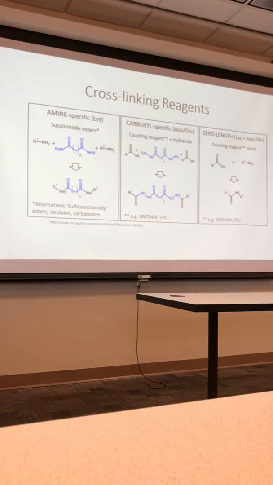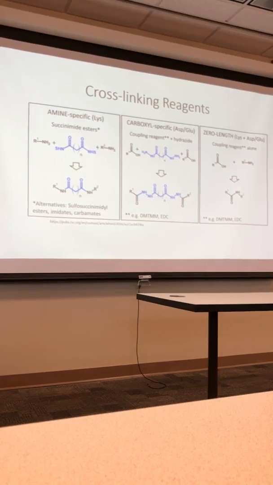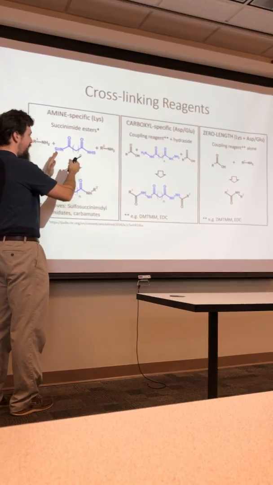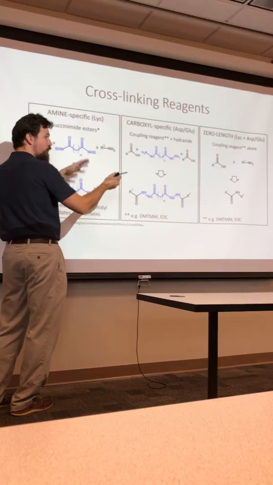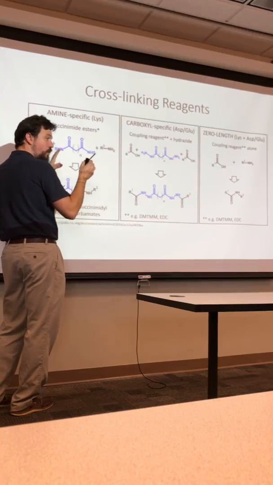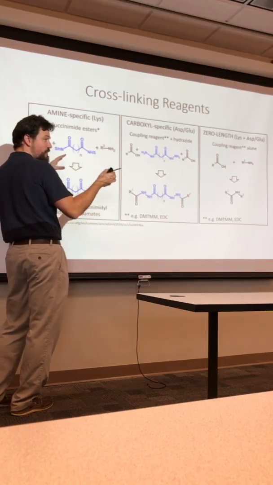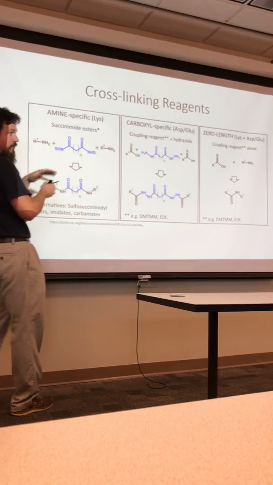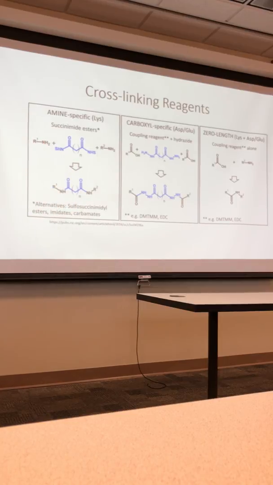So these have spacers that we can modify their length with. And what we would say is the shorter the spacer, if we get a protein that cross-links with a short spacer, we would know for certain that those proteins were really associated with one another because they had to be close enough to do that cross-linking.